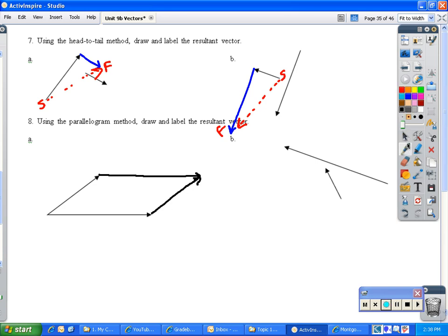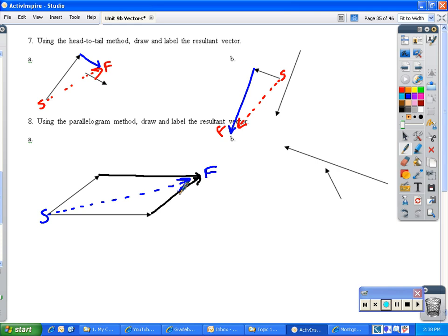Our path for our resultant vector will always start where the two tails meet right here in the beginning, and it will always end where the two heads meet over here, and our resultant vector will look like this.